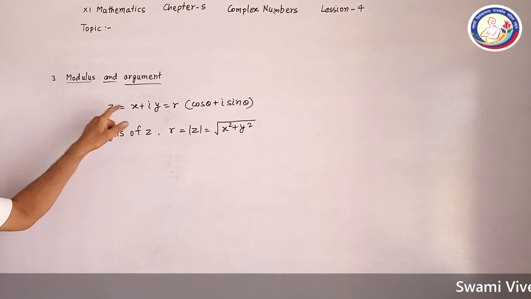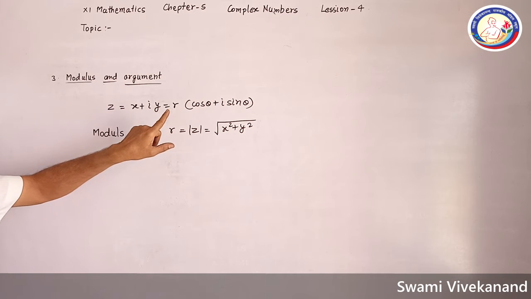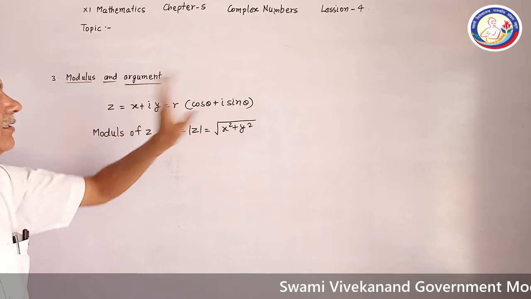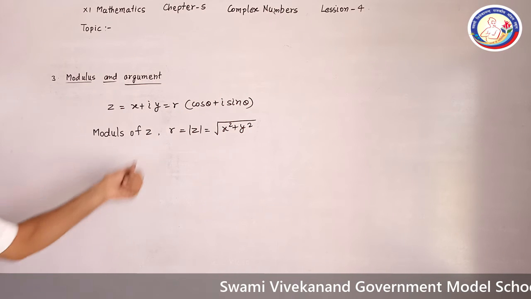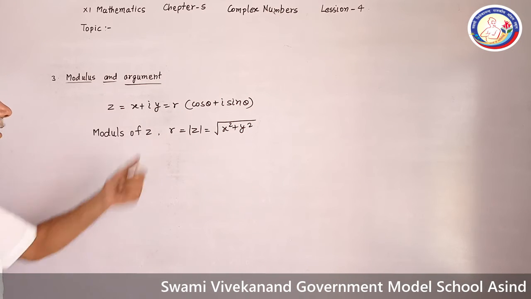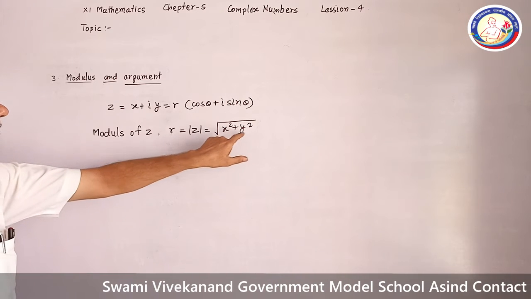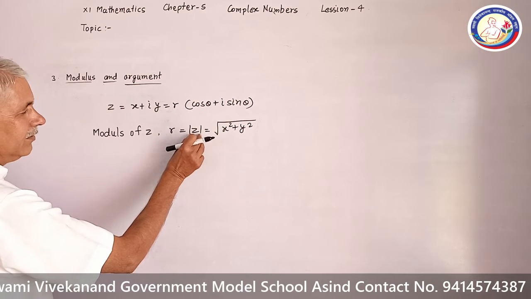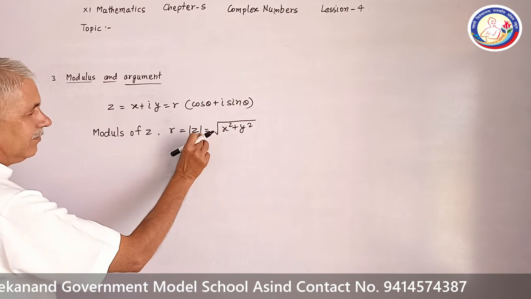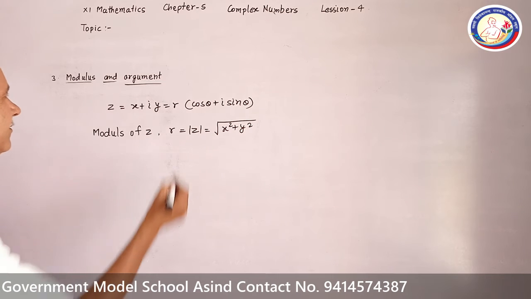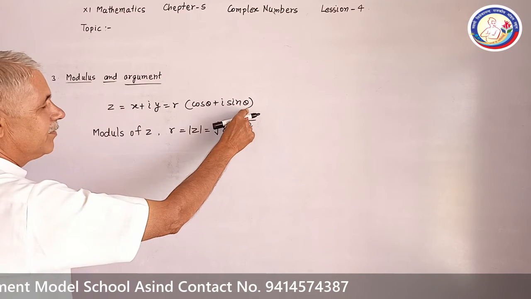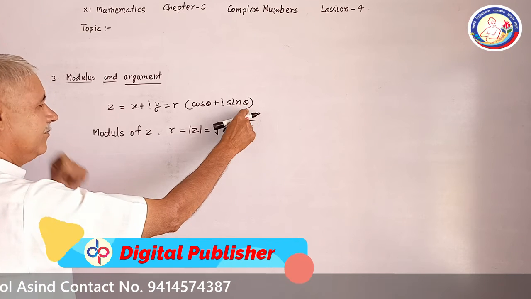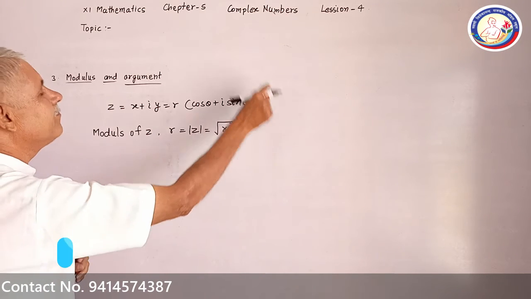If z is the number x plus iota y and its polar form is r multiplied by cos theta plus iota sin theta, then the modulus of z, as we discussed earlier, will be the square root of x square plus y square, and this is denoted by this symbol. We read it as modulus of z. Now how can we find it if a complex number is given in polar form?